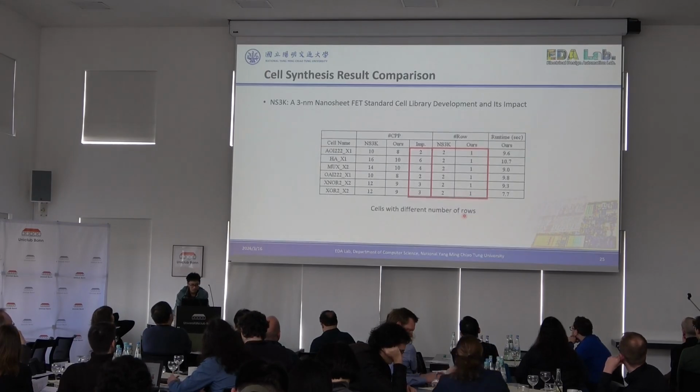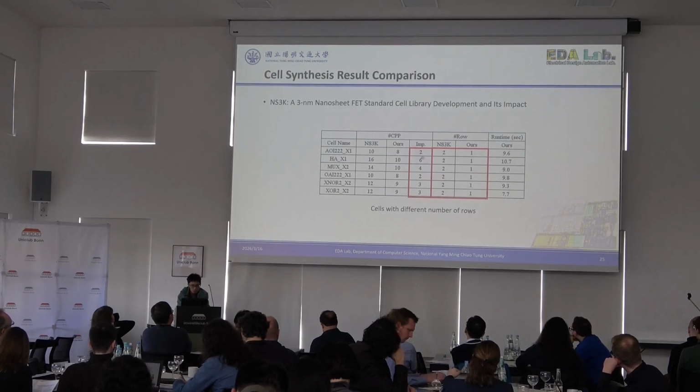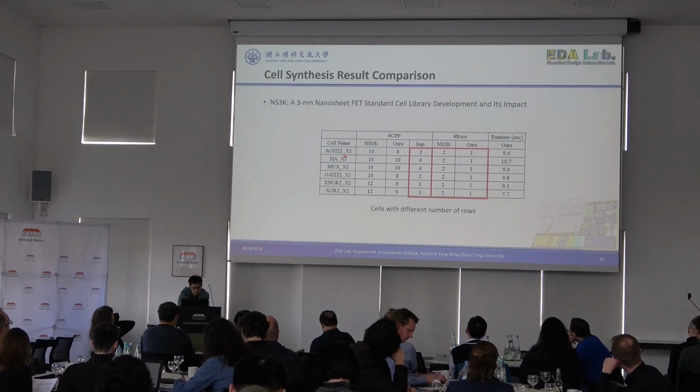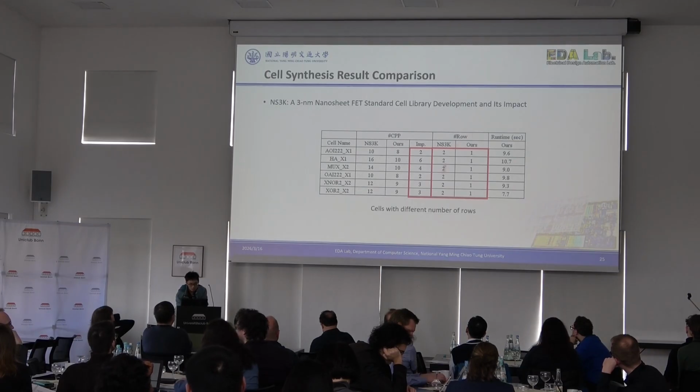Then for cells with different numbers of rows, we improve 2, 6, 4, 2, 3, 3 CPPs in LY222, Half Adder, MUXx2, OAI222, XNOR2, XOR2. And we also save one row in these cells, and this is our runtime.